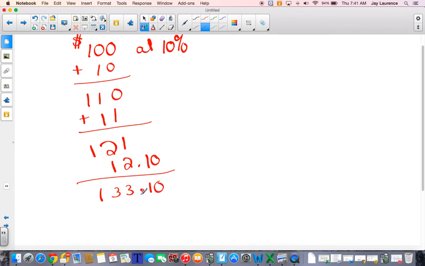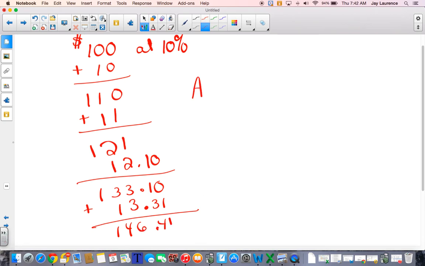Well, 10% of that would be 13.31, right? Yeah, that should be right. Okay, so I add together, and at the end of 4 years of investing, I have $146.41.